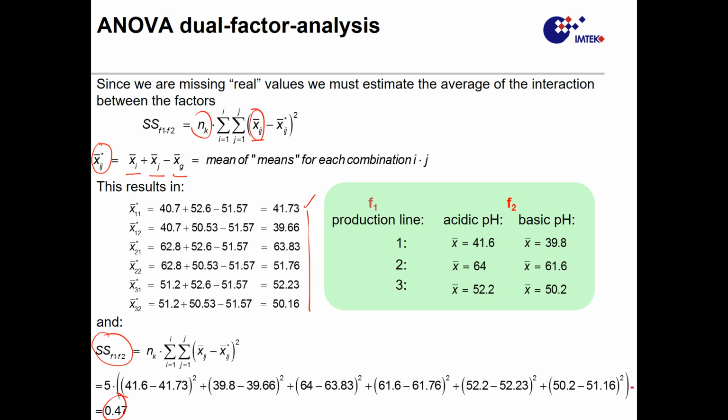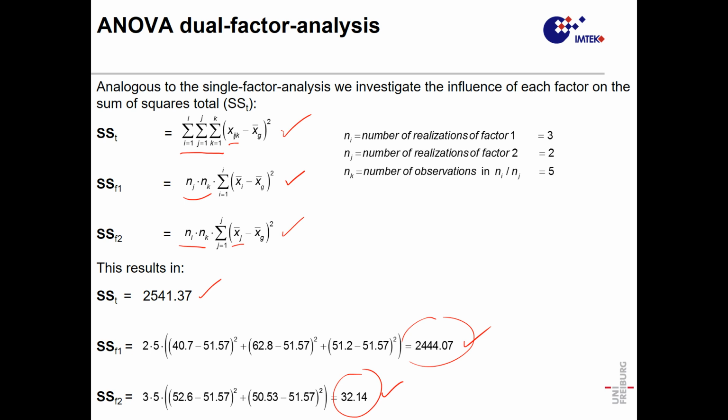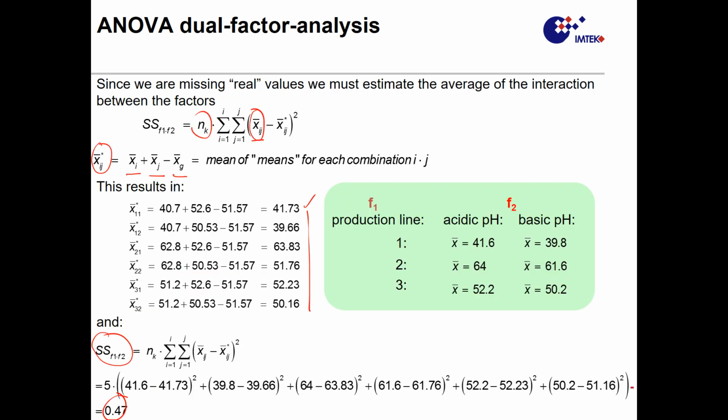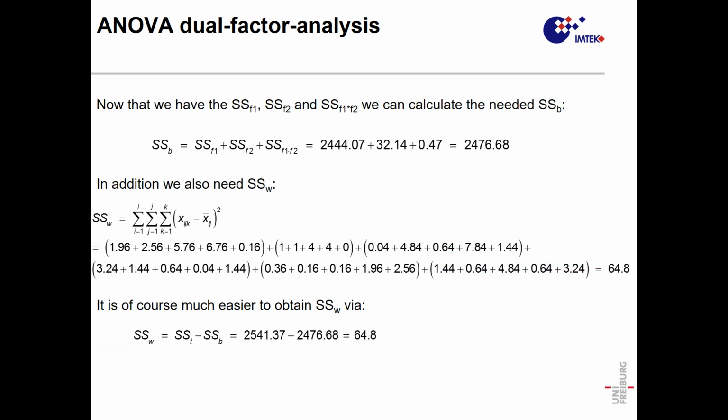Very small. This is big, this is small, and the interaction is even smaller. So probably there is no interaction. The variability is very small. So we sum it together and we get the between. Now you could go again and calculate your within, right? How do you do this?